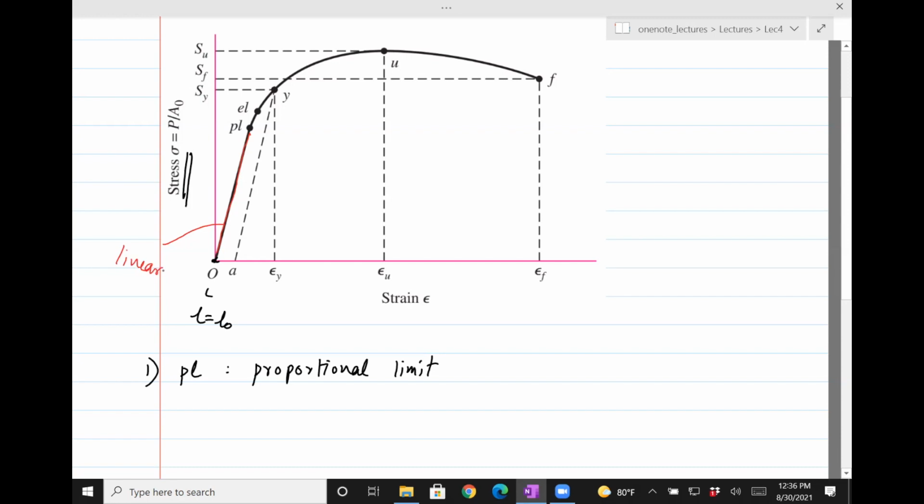PL is the point where this line becomes non-linear. After PL, the curve is non-linear. That is, you can fit a straight line from 0 to PL.